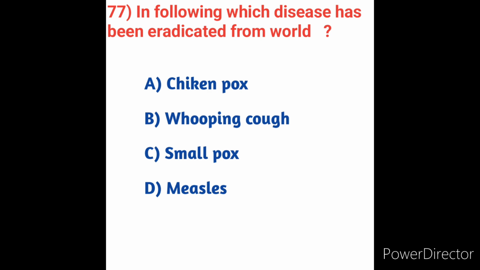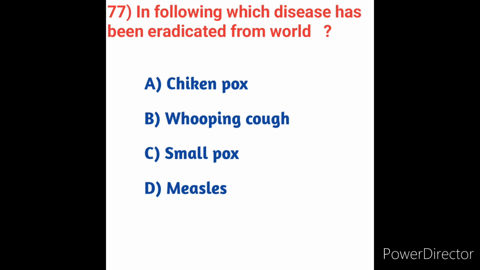Which of the following diseases has been eradicated from the world? Here we have 4 diseases, and one of them is eradicated from the world. Options: option A chickenpox, option B whooping cough, option C smallpox, option D measles.